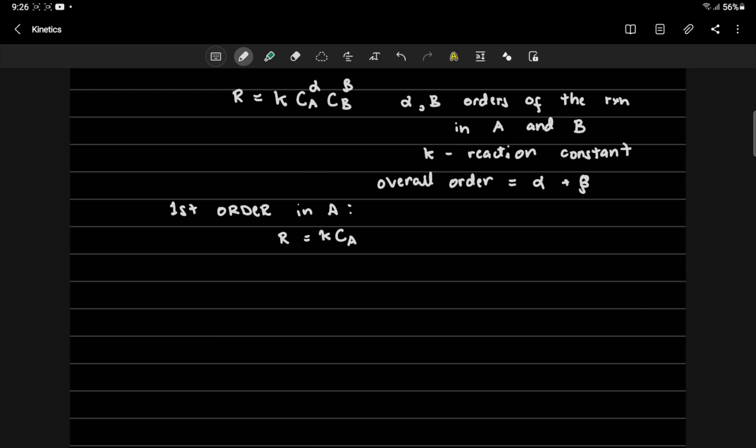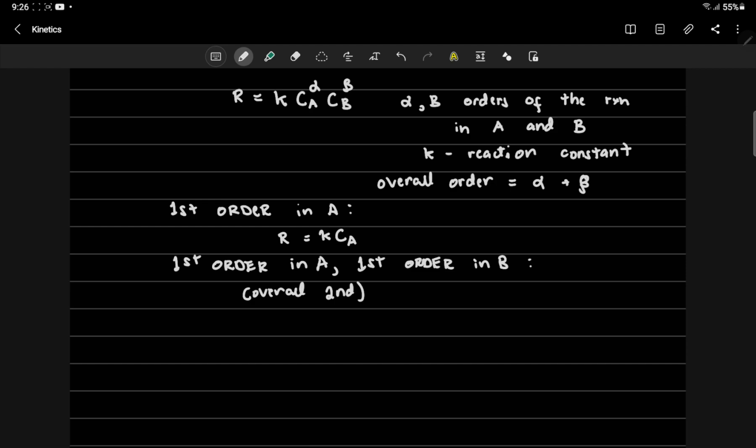Now, what if we have a case wherein it's first order in A and first order in B, right? And that means that overall, we have a second order reaction.